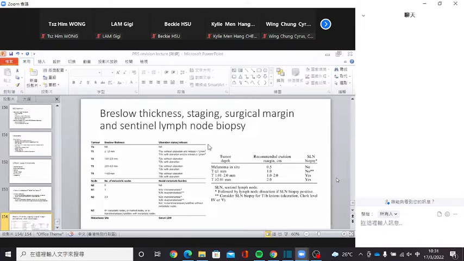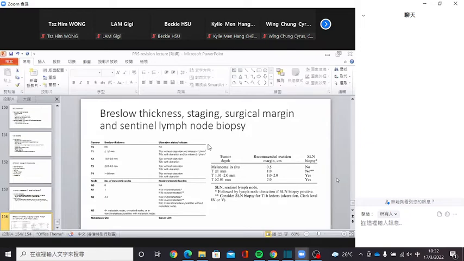Say if you sample the tumor and the depth is less than 1 millimeter, but if you do the excisional biopsy and eventually find out that the tumor depth is more than 1 millimeter, then your excision margin, if you follow that less than 1 millimeter, will be too narrow.